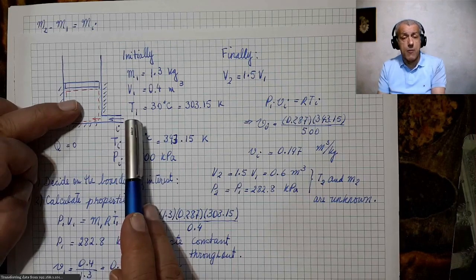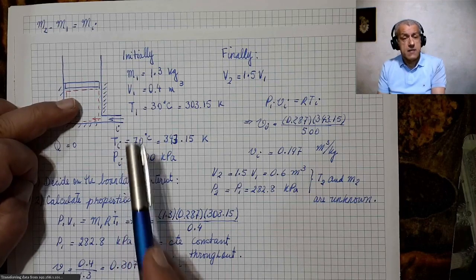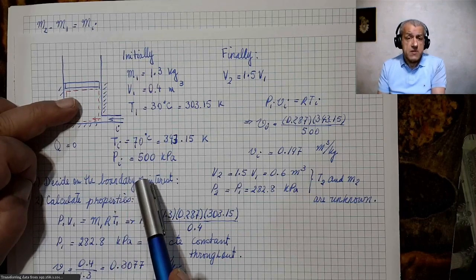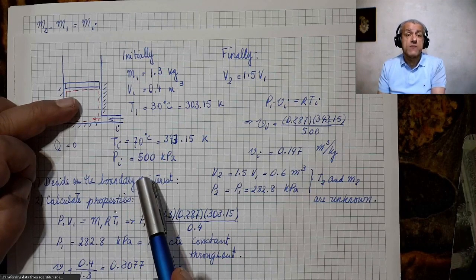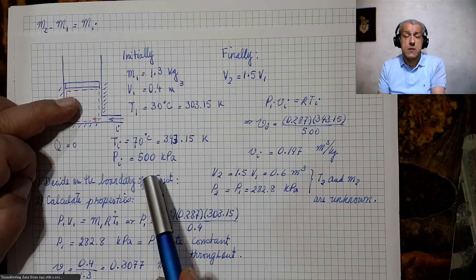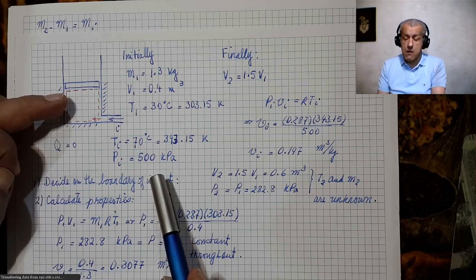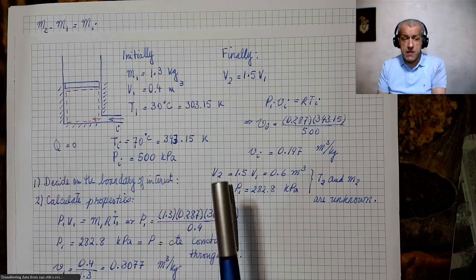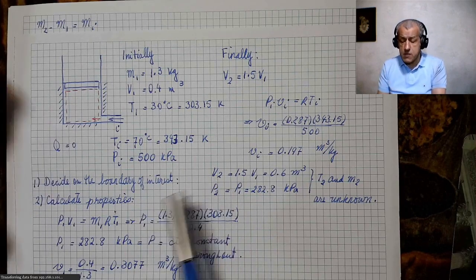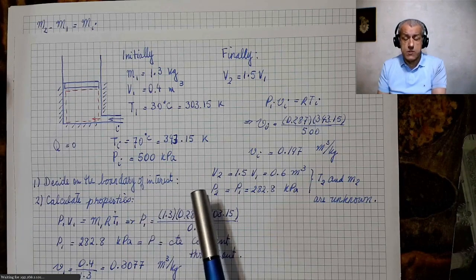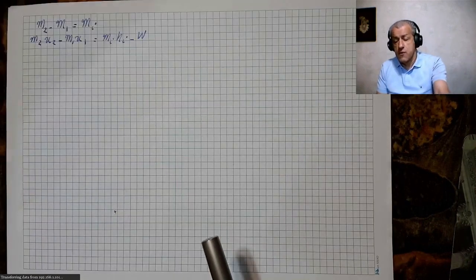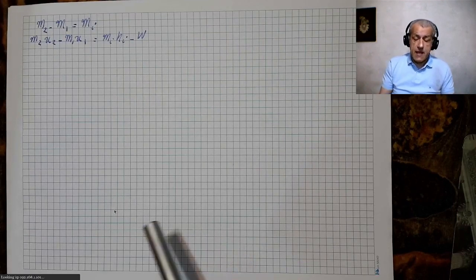This air would warm up the air inside this cylinder, and therefore there is irreversibility. So the problem is irreversible for two reasons, at least as we see it. We ignore whatever friction might be there, but at least these two points are good reasons for irreversibilities that might be present.